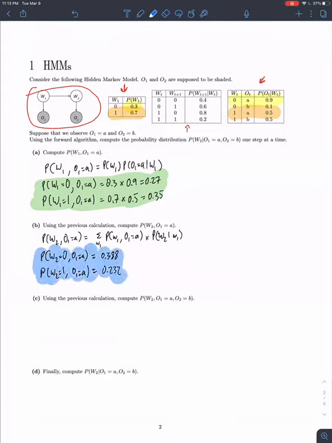All right, now we're going to also compute the joint of W2 and O1 is A and O2 is B. So how do we do this?